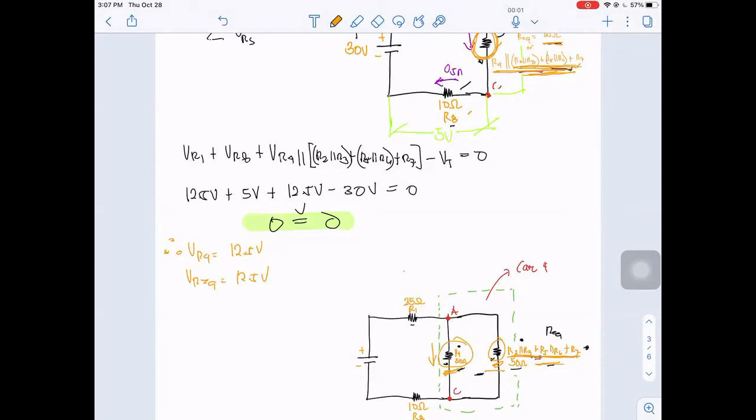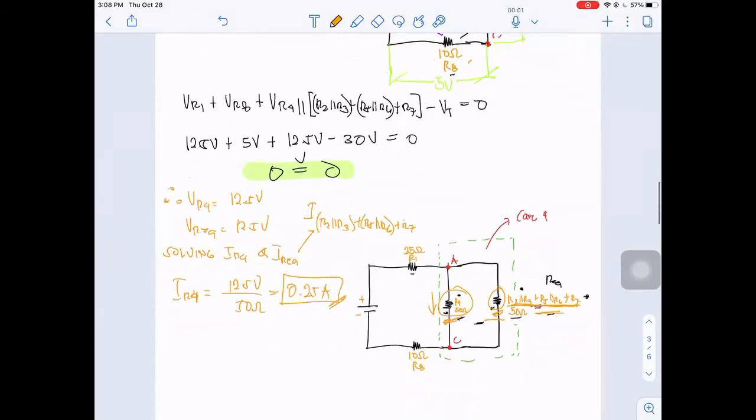So solving for IR4 and also solving for I of the equivalent circuit, this is the equivalent of R2 parallel R3 and also R5 parallel R6 plus R7. So it's the current for this one. So we have IR4 is equivalent to 12.5 volts all over 50 ohms, and that is equivalent to 0.25 ampere.